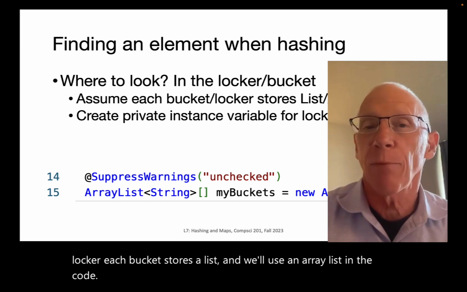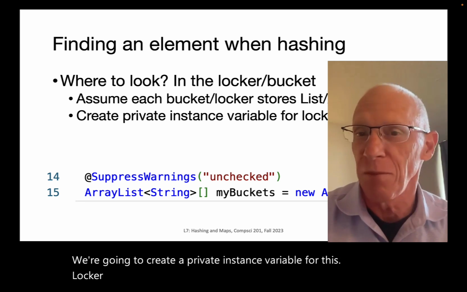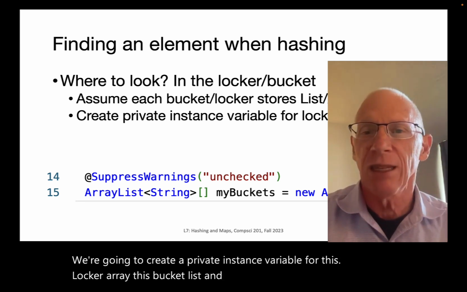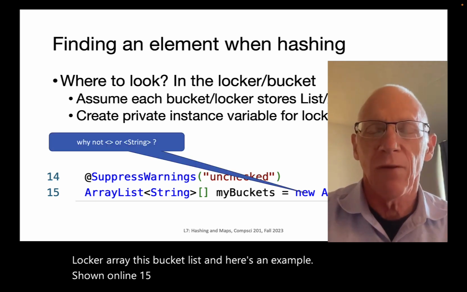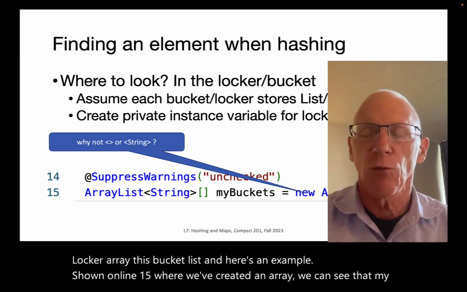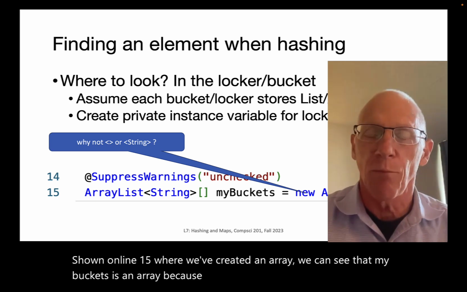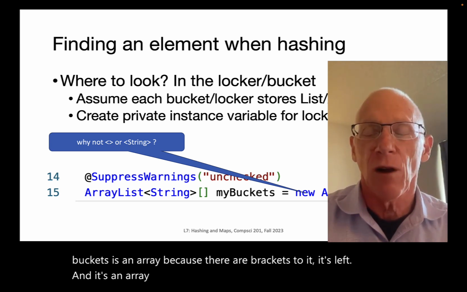We're going to create a private instance variable for this locker array, this bucket list. And here's an example shown on line 15 where we've created an array. We can see that myBuckets is an array because there are brackets to its left. And it's an array of ArrayLists.